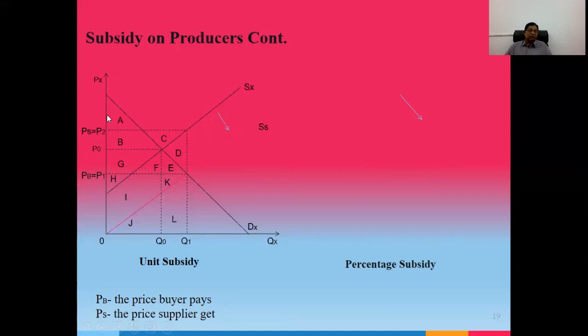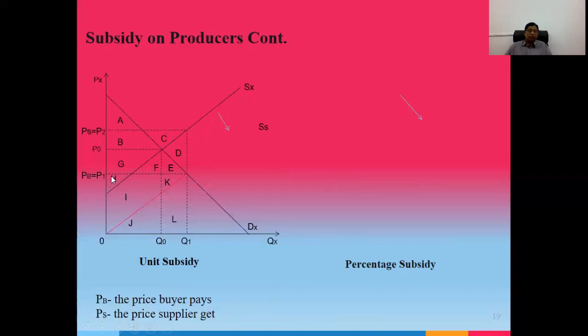Again, this is the price that producers or suppliers get. Therefore, producer surplus also increases up to this area. Now, producer surplus is given by the area of H, G, F, B, C. Again, C, B, G, H is the producer surplus.